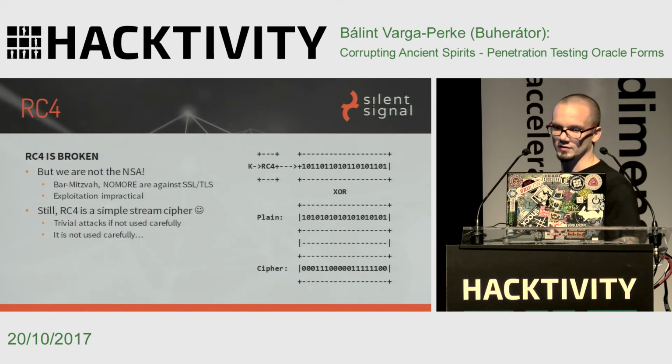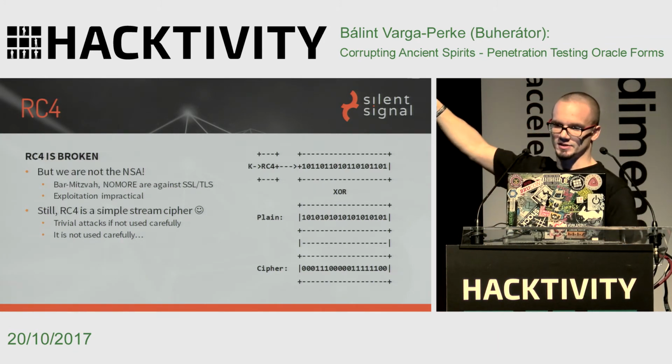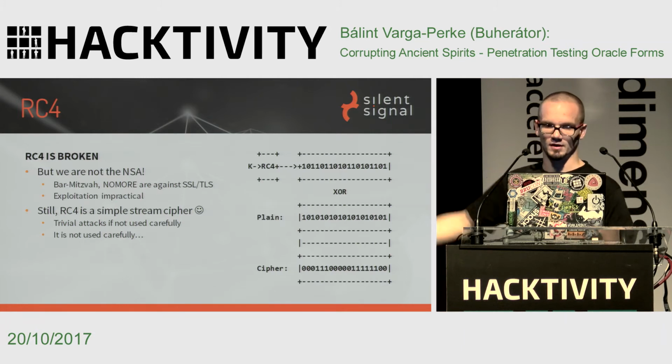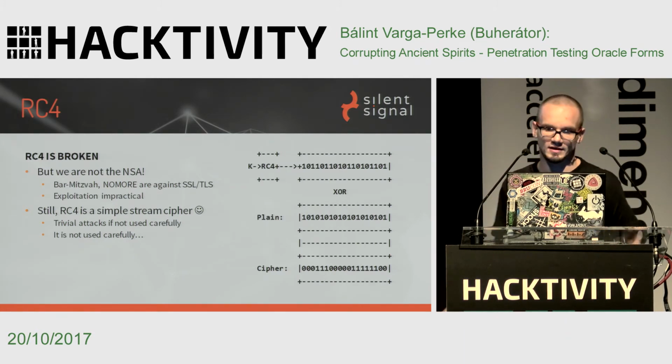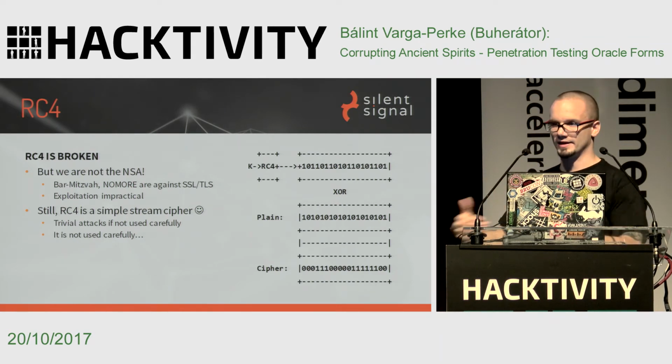But still, we have to keep in mind that RC4 is just a standard stream cipher. And the stream cipher operates like putting out a key stream based on the key. This is the top box on the right-hand side. And you just XOR it with the plaintext to get the ciphertext. It's really easy.